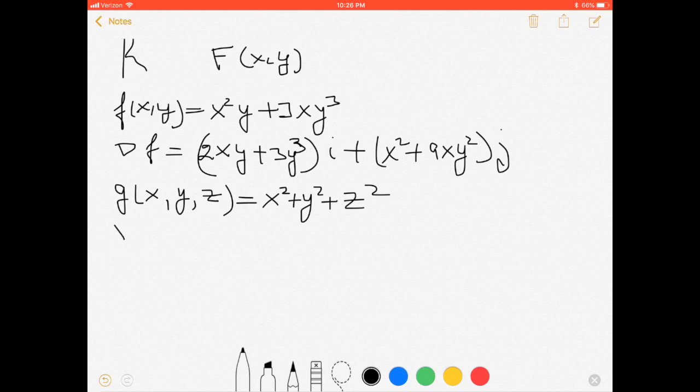Its gradient will be: partial derivative for x is 2x i, partial derivative for y is 2y j, and partial derivative for z is 2z k. This gradient will be a vector field in space. Try deriving some gradients and understand what this means.